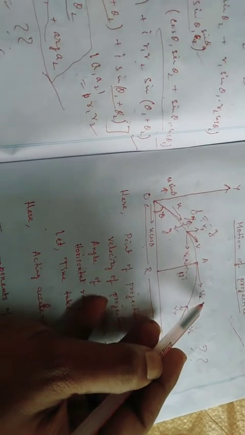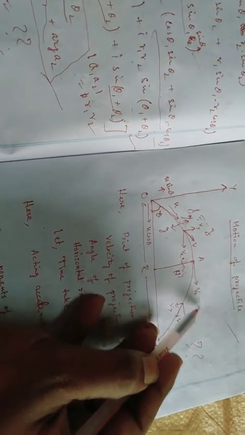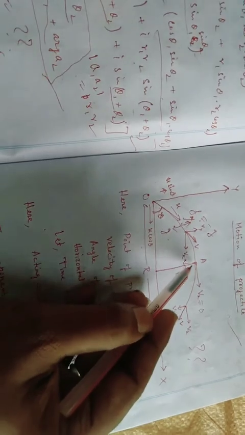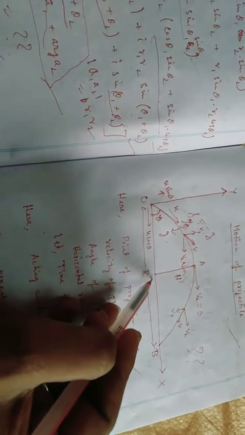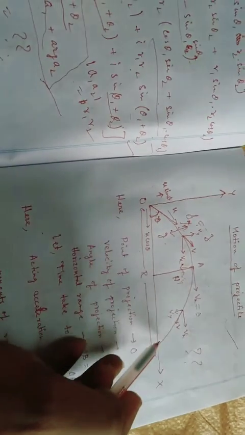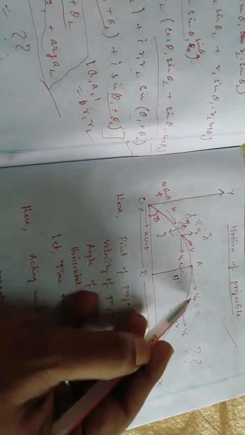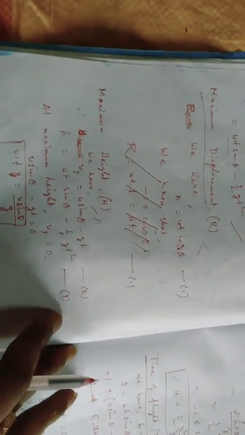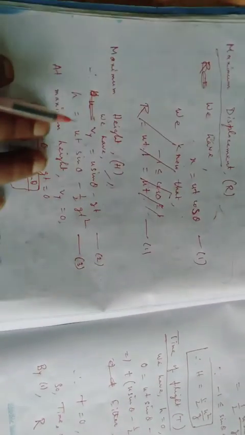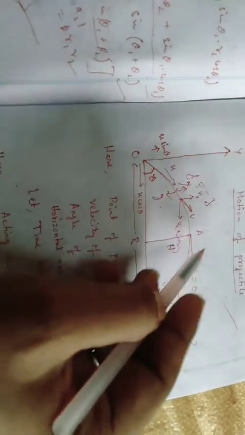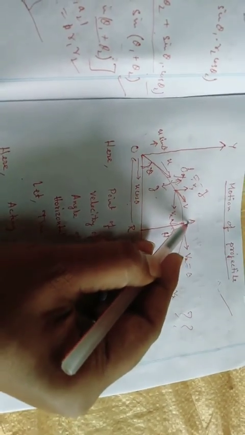Here vx is not zero, and vy, through which it travels the remaining distance, is what matters. So at maximum height we will use vy equal to 0. The particle travels through vx, but the vy component is actually equal to 0.